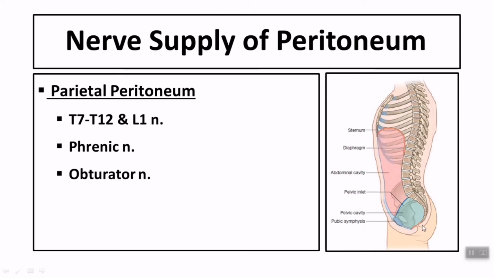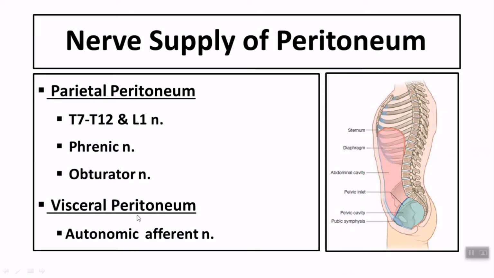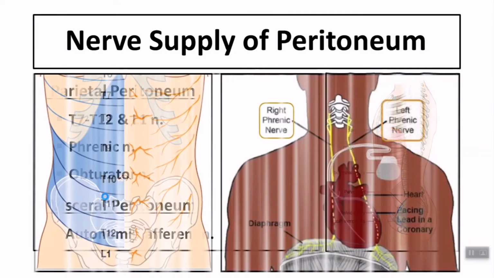The peritoneum that is lining the pelvis is supplied by the obturator nerve, while the visceral peritoneum that is covering the viscera is supplied by the same nerve that supplies the viscera, which are autonomic afferent nerves. So we have somatic nerves supplying the parietal peritoneum, and autonomic nerves supplying the visceral peritoneum.